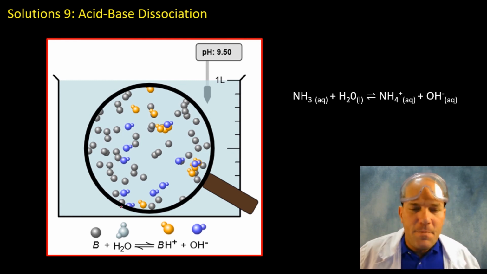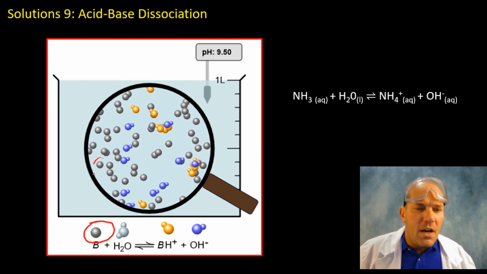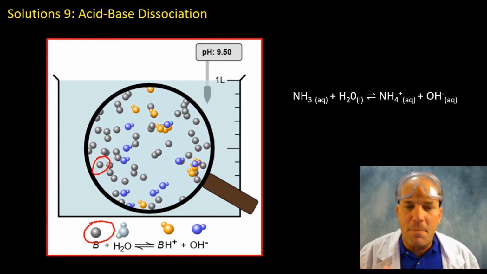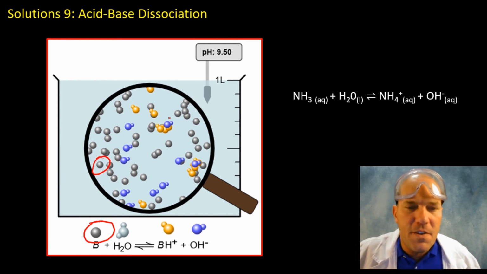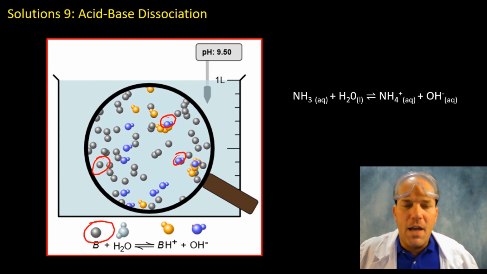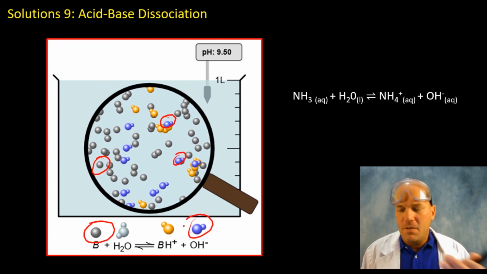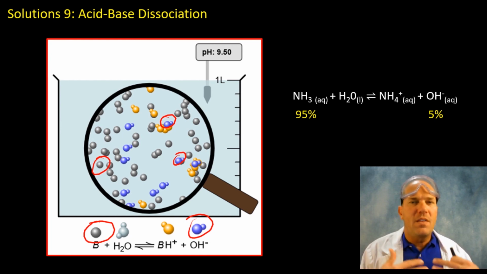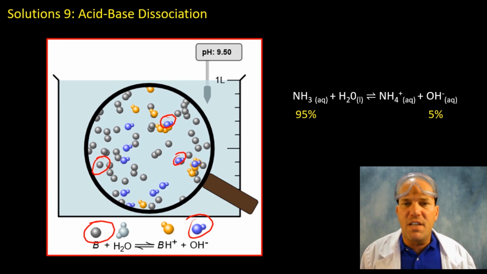However, you can see the majority of these solutes and ions here are simply the intact ammonia, whereas relatively few of them are the hydroxide ion. So if we put percentages here, we would show that a very small percentage will dissociate into hydroxide ions, which results in a weak basic solution.